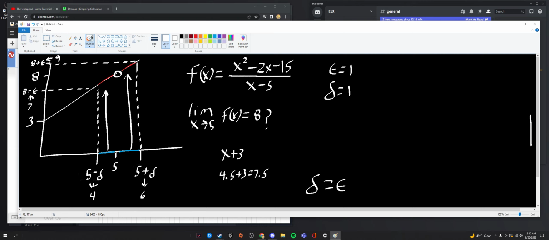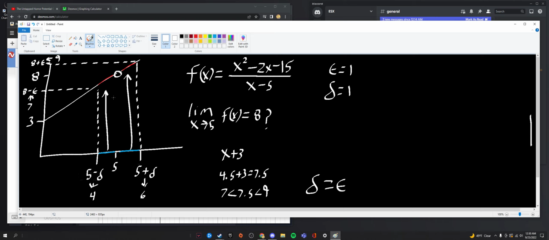And, well, that definitely falls between the ranges of 7 to 9. So we have that 7 is less than 7.5, which is also less than 9. So it definitely falls between those two values. Therefore, having delta equal epsilon seems to work for at least that value. Let's try a different value.